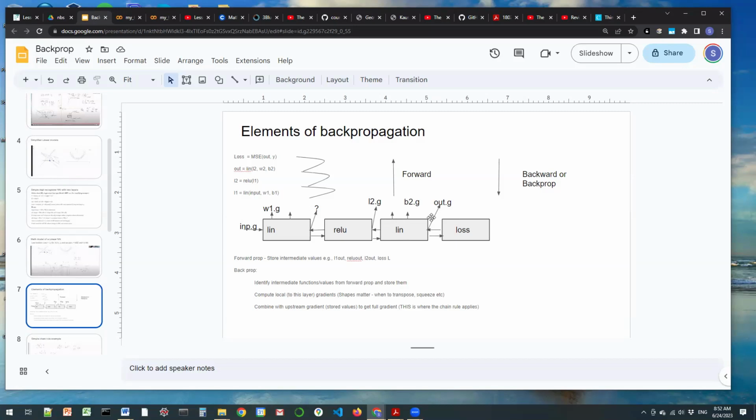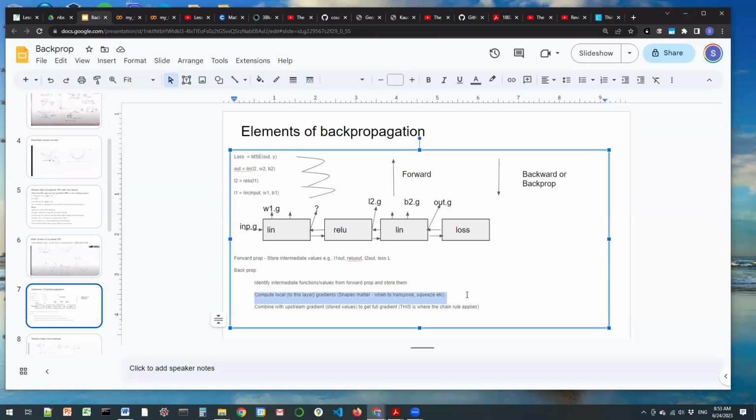So if you're just focusing on this block, then we need the gradient of the output with respect to B2, the gradient of the output with respect to W2, and the gradient of the output with respect to its input, which would be L2. Those are the three gradients when we compute this second step, which is computing the gradients local to this layer.